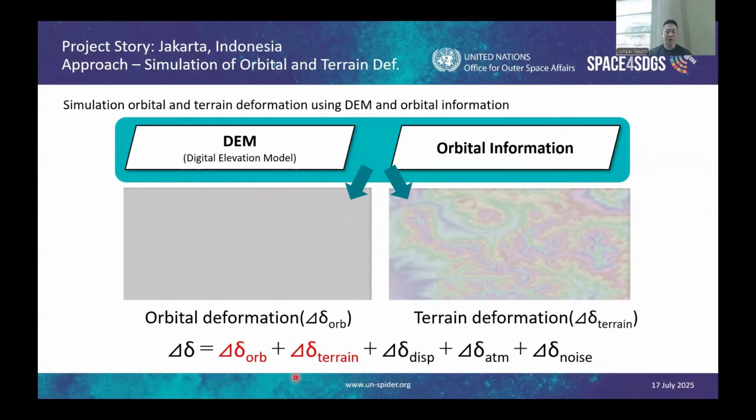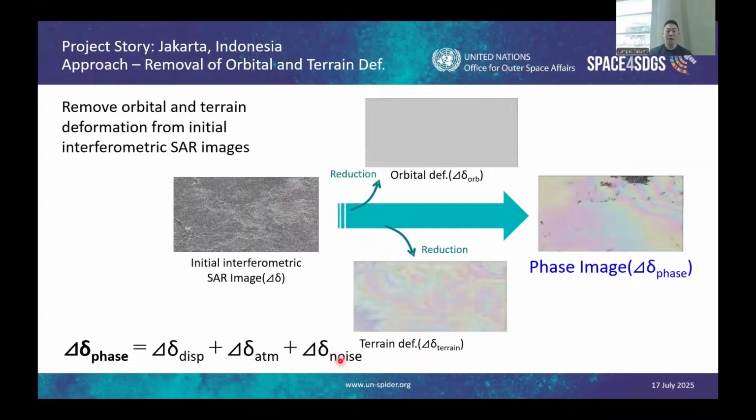You can see the red colored ones, the orbital deformation and terrain deformation. The next step is to remove the orbital and terrain deformation from the initial interferometric images. Then finally we get the phase images here, and the rest is the displacement deformation, atmospheric, and noise phase.